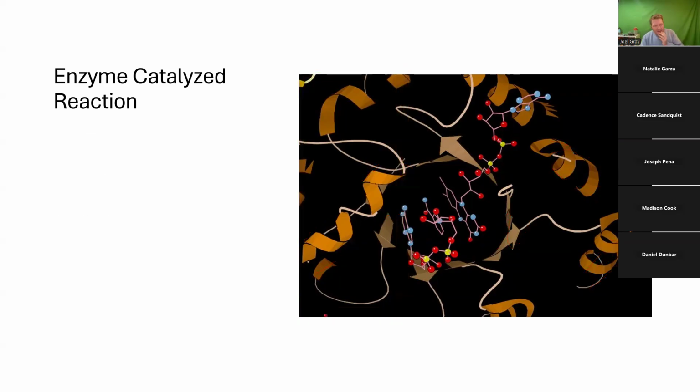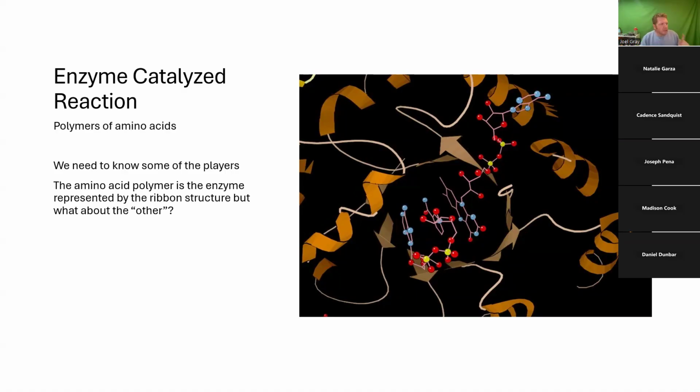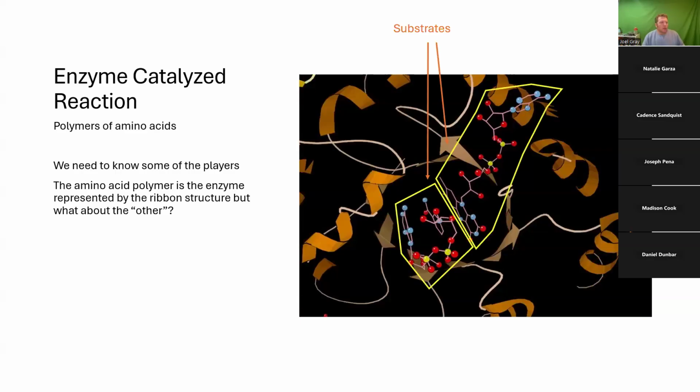Now, with that in mind, we need to know some of the players. The amino acid polymer is the enzyme represented by the ribbon structure, but what about the other thing? The other thing being in the middle. These would be what we know as our substrates. So the terms ligand and substrate are not interchangeable, but in some respects they're comparable to one another. A ligand is what a protein will bind to and not catalyze a reaction, will not do anything to break or make any sort of bonds.